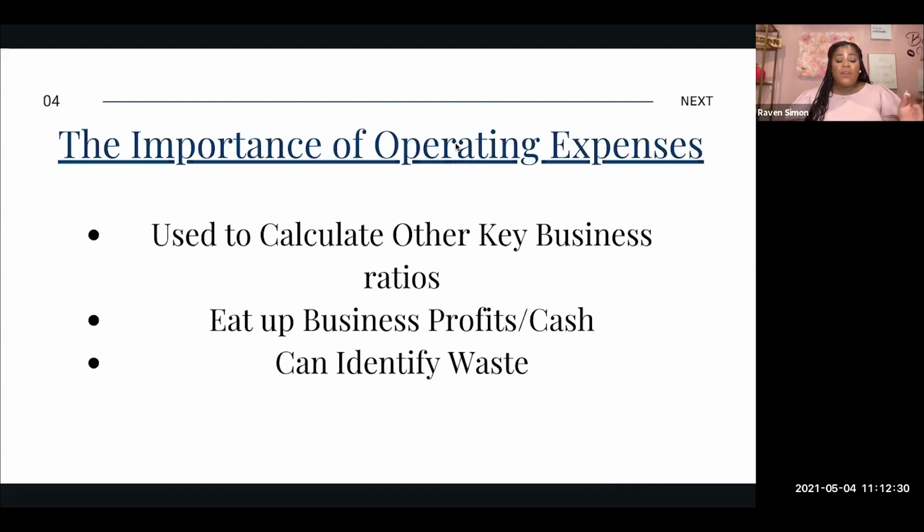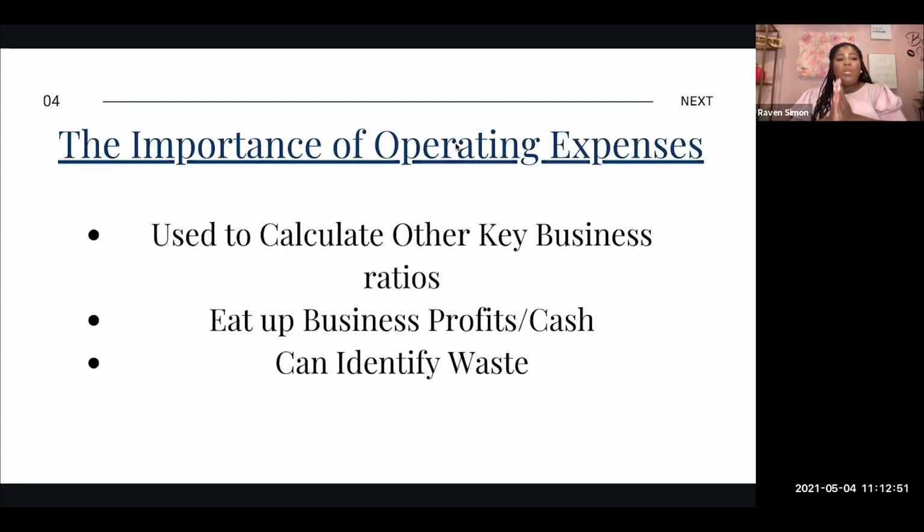First things first, operating expenses are used to calculate other ratios in your business. That's why I used the example of a grant or investors asking, what's your OPEX? Almost everything in your business comes off of operating expenses, almost every calculation.